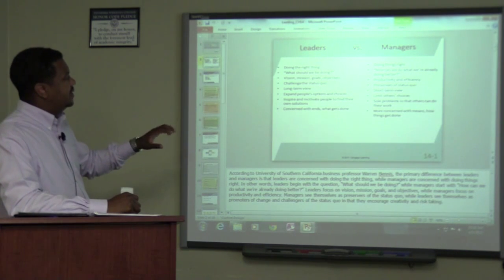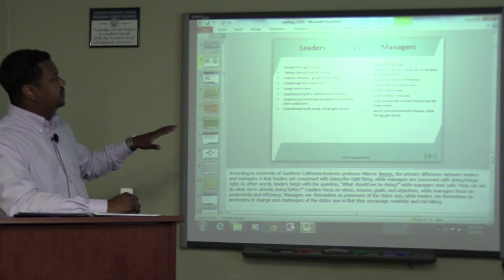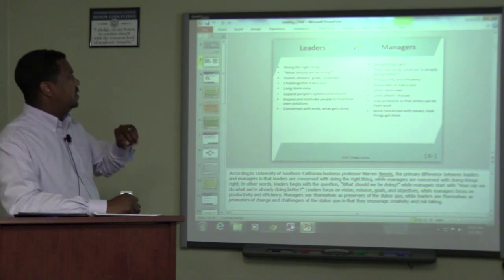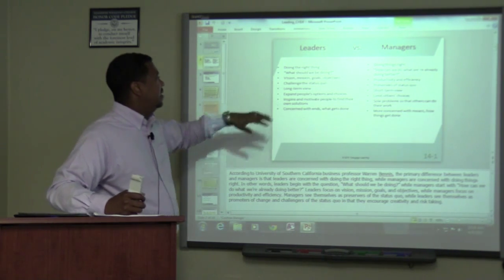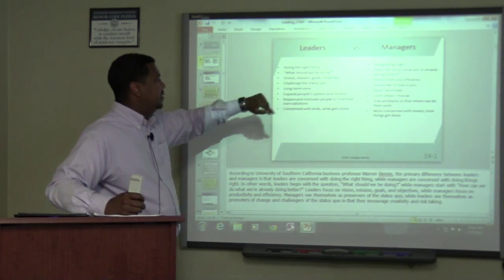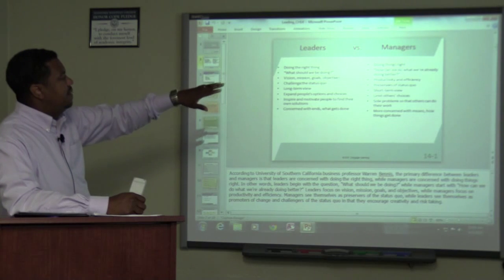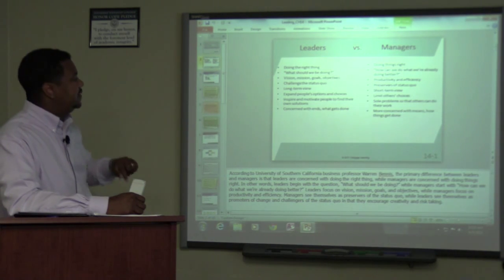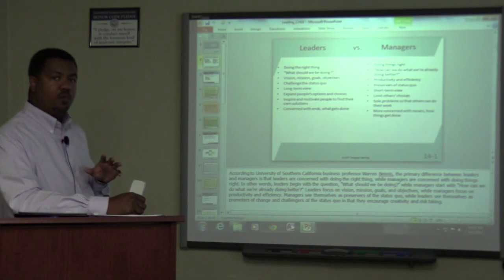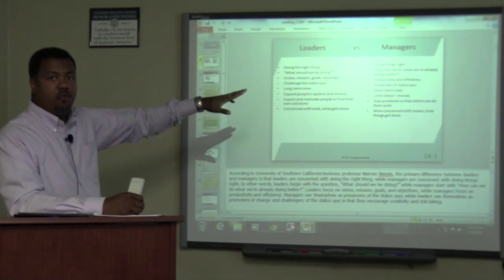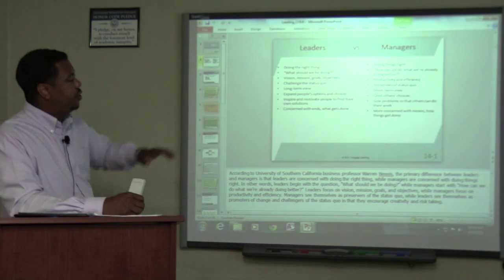So let's look here at how our textbook describes the difference between leaders versus managers. We see here that leaders are effective at identifying the vision, mission, goals, and objectives, versus managers, who are a little more focused upon productivity as well as efficiency. Leaders are a lot more focused upon the long-term view, while managers are more focused upon the short-term view.